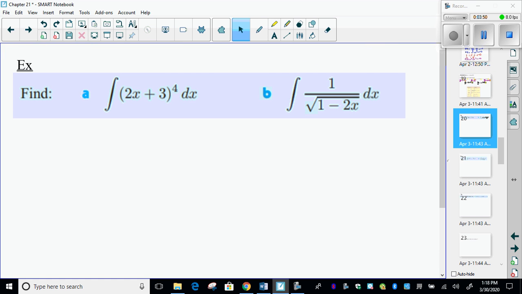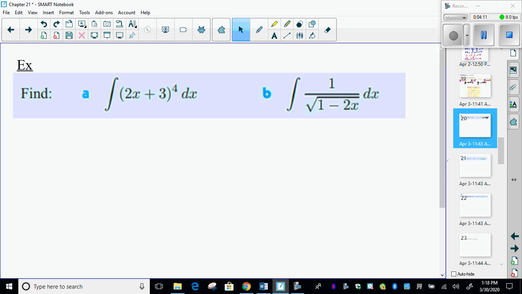So we need to integrate this 4th degree polynomial. One of the things that you could do is expand it all out, and write 2x plus 3 times itself 4 times. We could do binomial theorem and expand it out that way. Whatever seems to make sense to you.